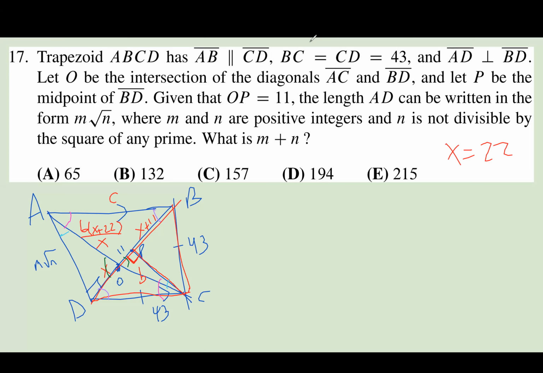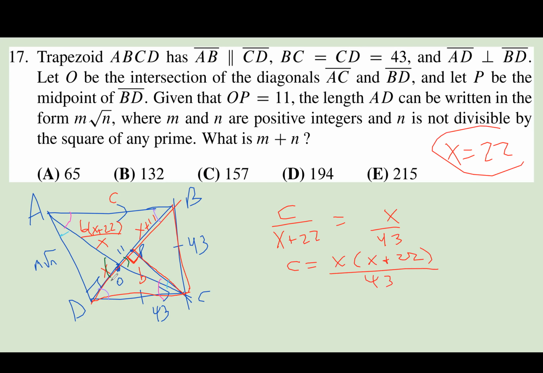So by looking at the similarity of triangle ABO and ODC, I can also say c over (x plus 22) equals x over 43. So then I can say c equals x times (x plus 22) over 43.